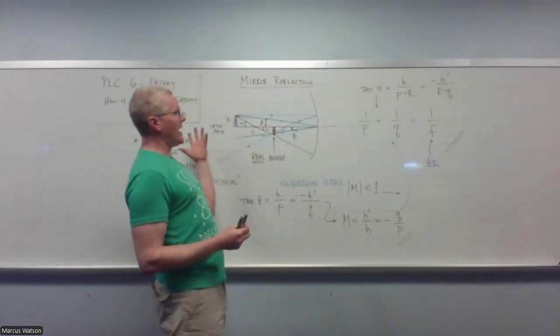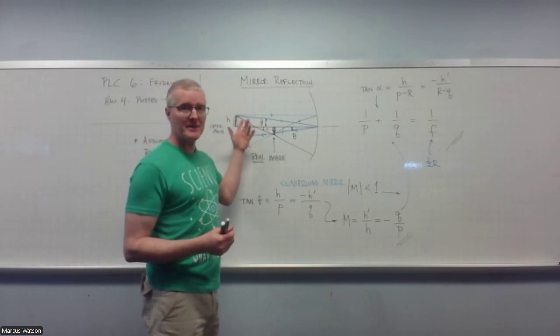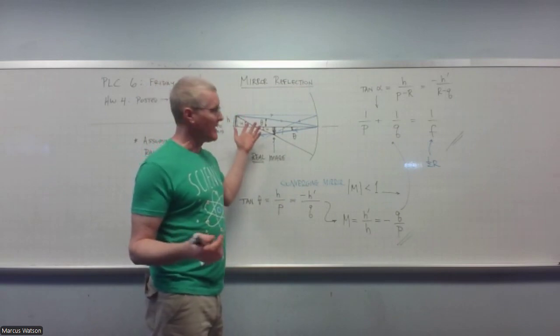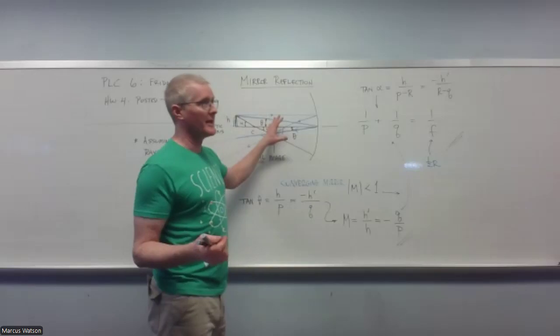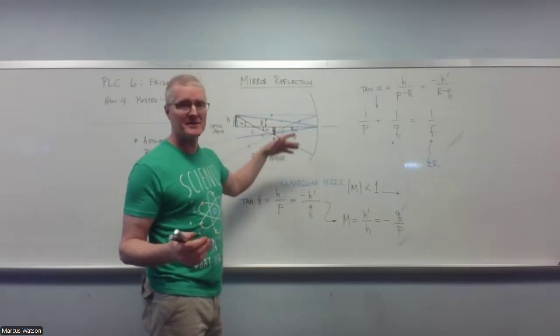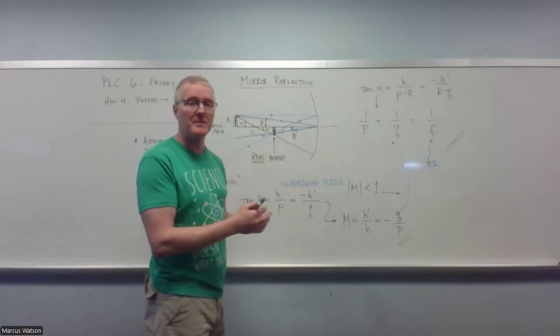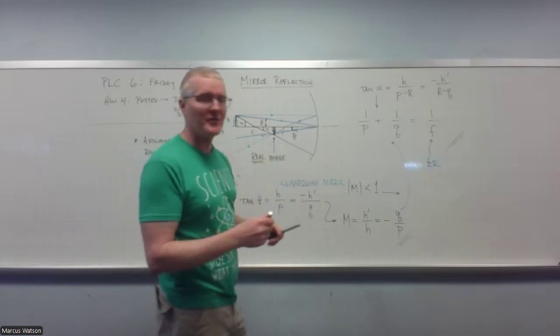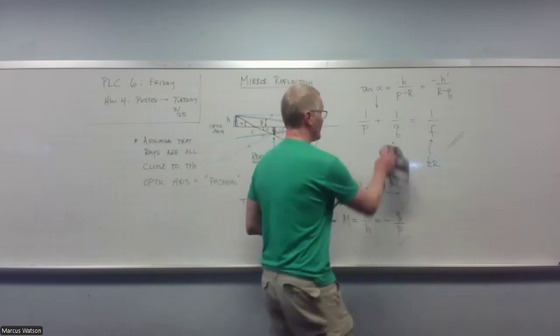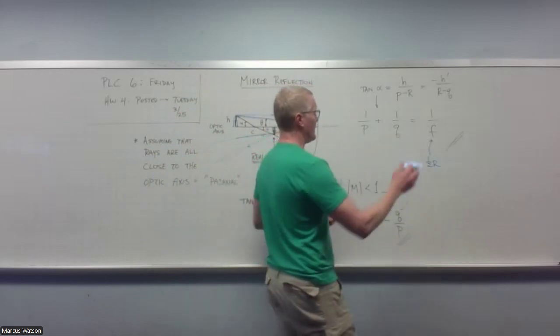So that when I think about an object having a 10 centimeter distance, and the focal length of the mirror is, say, 5 centimeters, then I can figure out where the image is going to be. A real quick example of that is going to look like this, right?